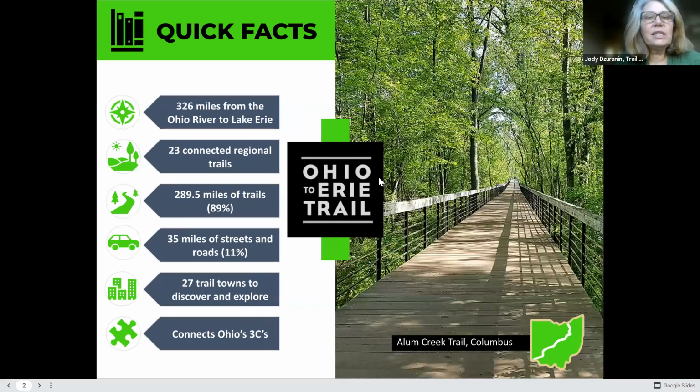It really is a network of trails. So we work with local park districts, local friends groups to build the trails. And then, they're included in our interactive map, and we're working in conjunction with the local groups to have signage.